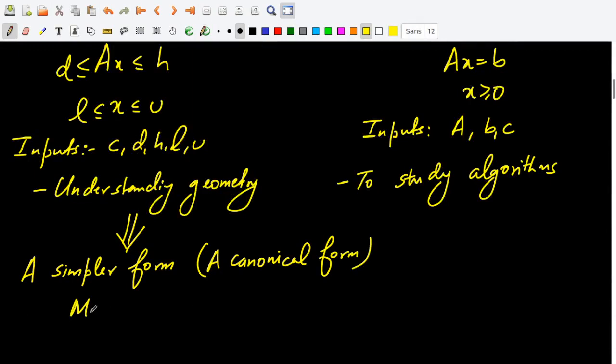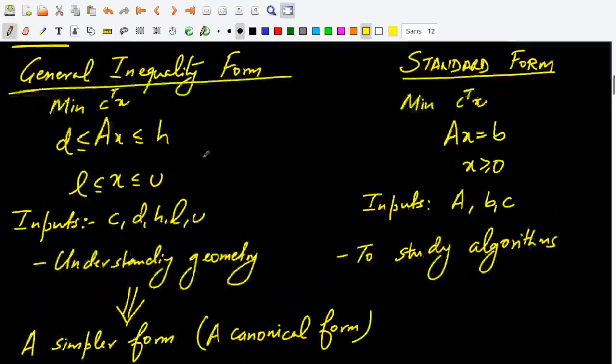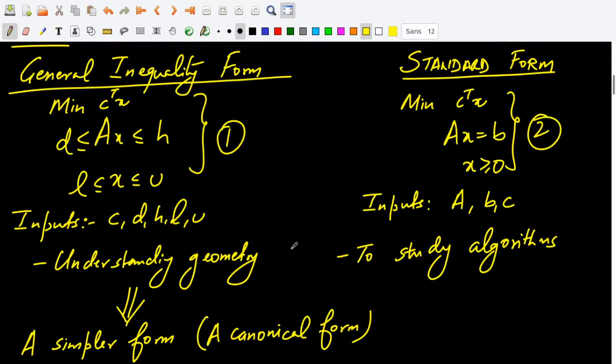And it is of the form minimize c transpose x, Ax greater than or equal to b. So let's call this form 3. Let's call this general inequality form 1 and the standard form 2.